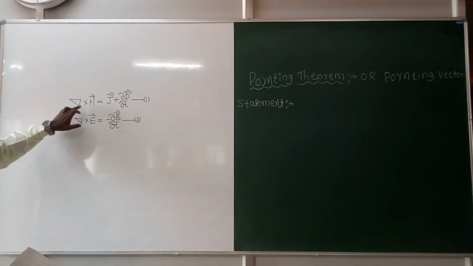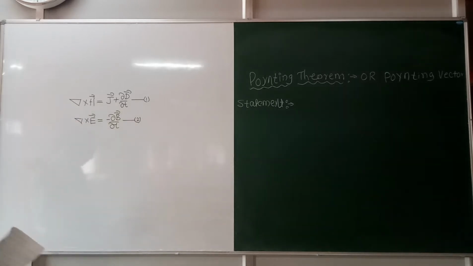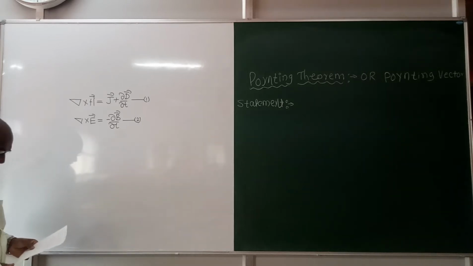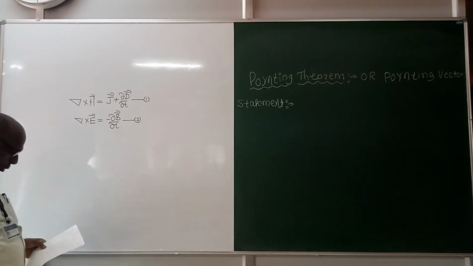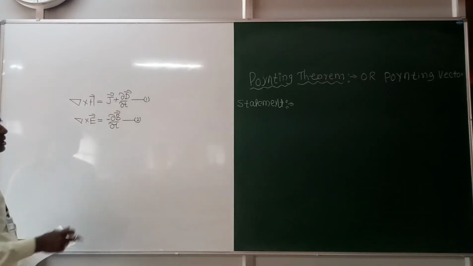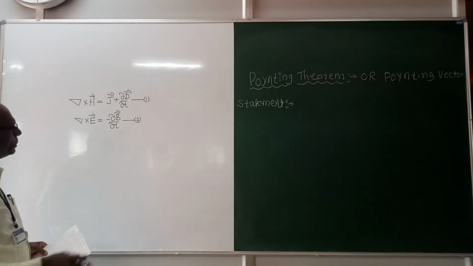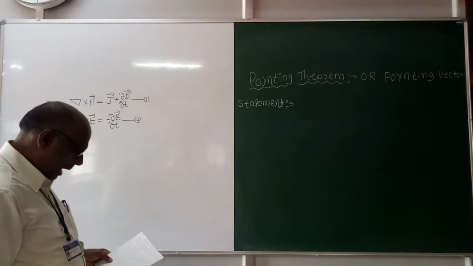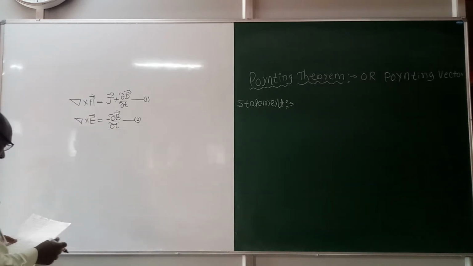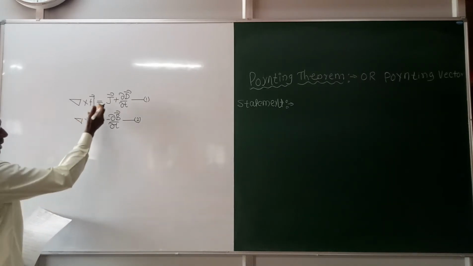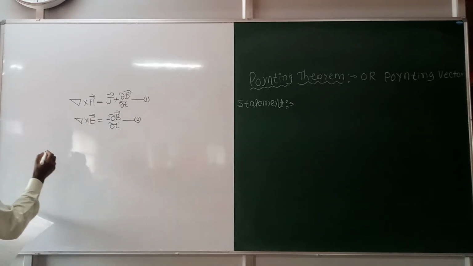Now the equations 4 and 3, which I have called equations 1 and 2, to obtain or prove the Poynting theorem, let us take a dot product on both sides of equations 1 and 2 with E, the electric field intensity, and H, the magnetic field intensity.